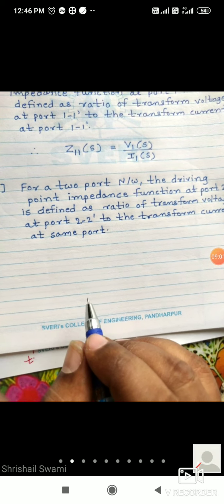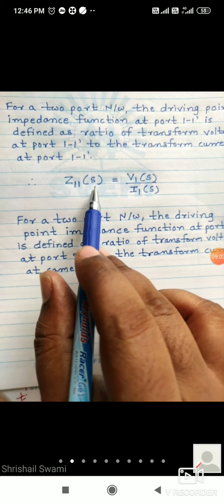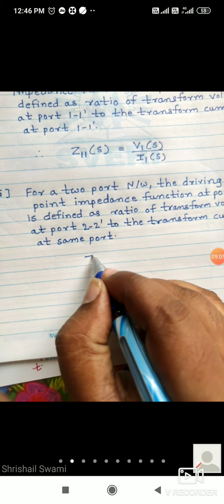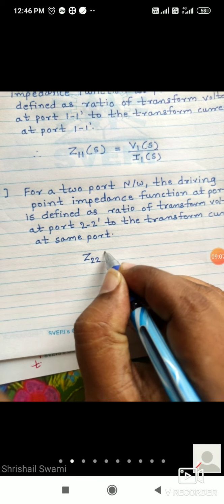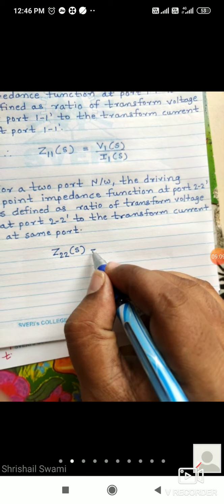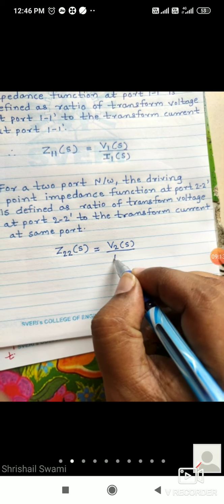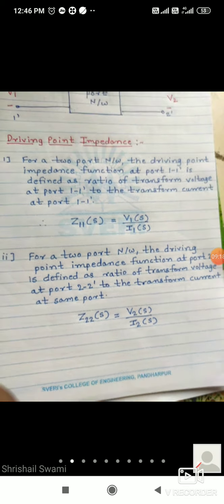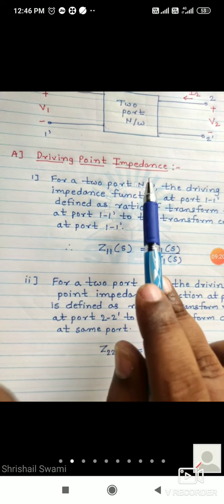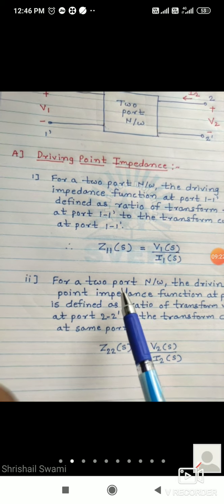Okay, so how it is denoted now? Now this second one is denoted by Z22 of S is equal to काय येणार आता V2 of S divided by I2 of S. Okay, so this is what driving point impedance. दोन झाले, under that two are there.